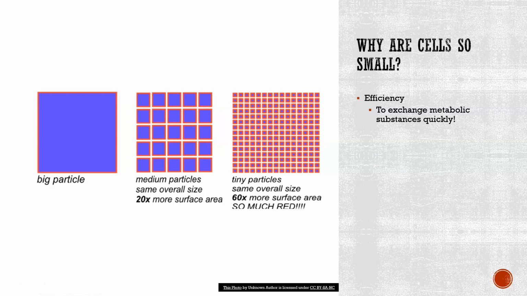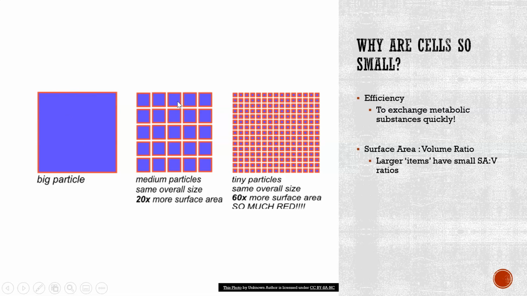The more surface area available, the more that cells can exchange their metabolic substances across their cell membranes quickly. Now, it's all down to this surface area to volume ratio. If you've got a big particle, the surface area is around the edge there. Okay, so that's the only surface area that you've got.